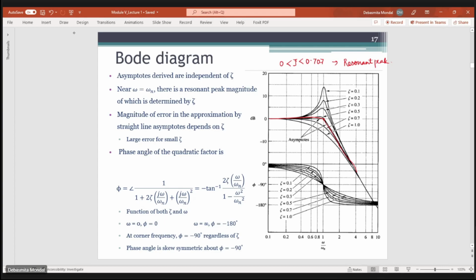Irrespective of whether zeta is low or high, you will have the phase angle as minus 90 degrees. This is the inflection point, and the phase angle curve is symmetric, or skew symmetric, about this inflection point, phi equals minus 90 degrees.